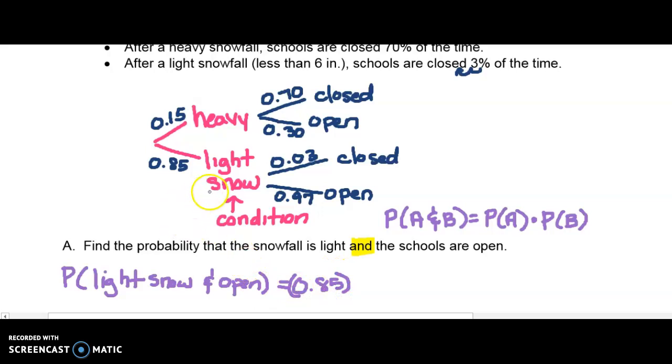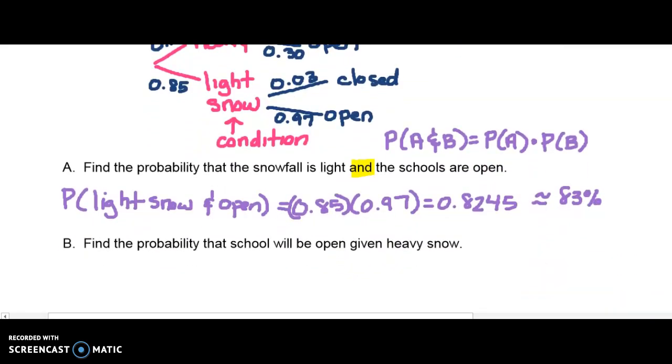And being open, so after we have the condition of light snow, being open would be 97%. So I'm going to multiply by 0.97. So if I multiply those two decimals together, I'm going to get 0.8245. So that's going to be approximately 83% of the time schools are going to be open when there's light snow.